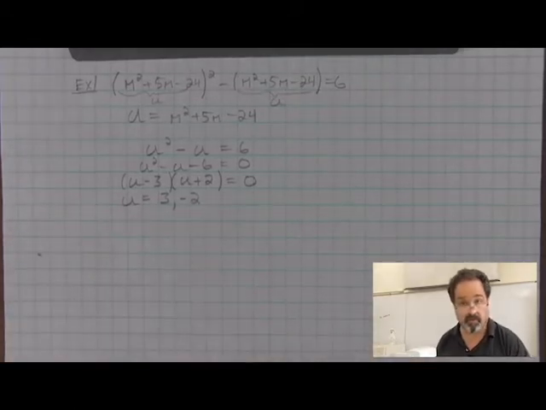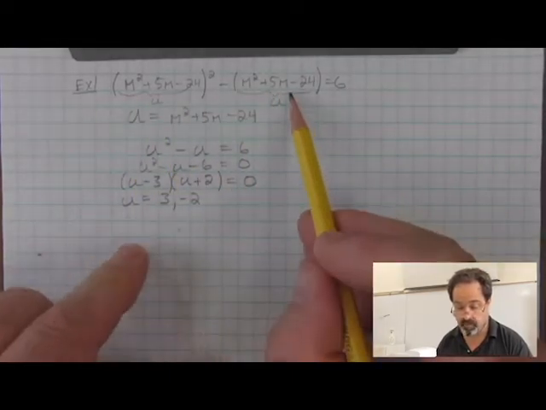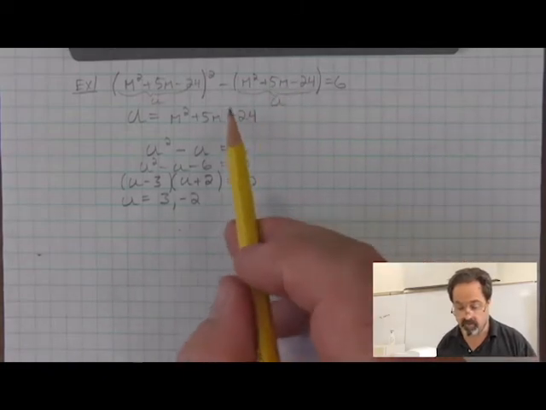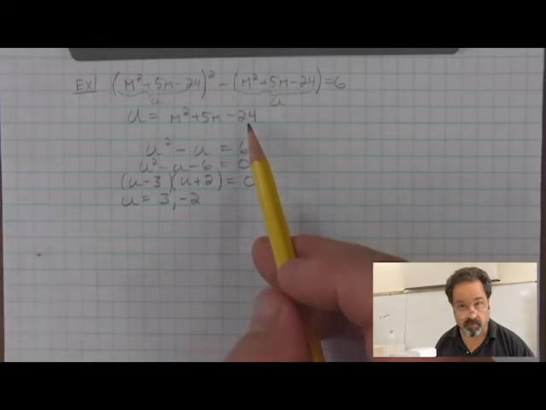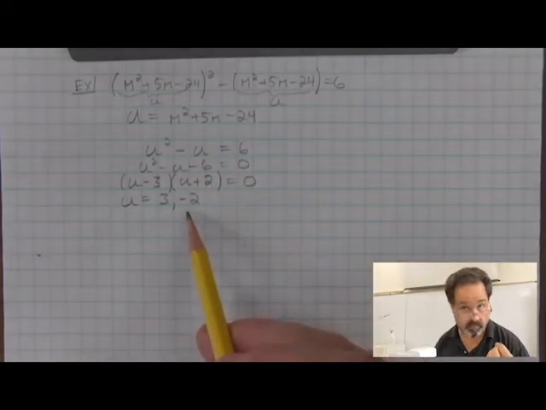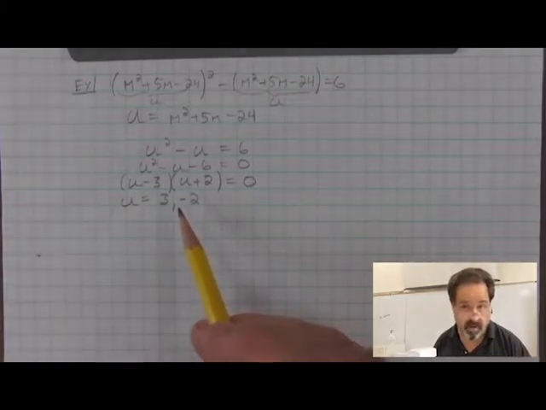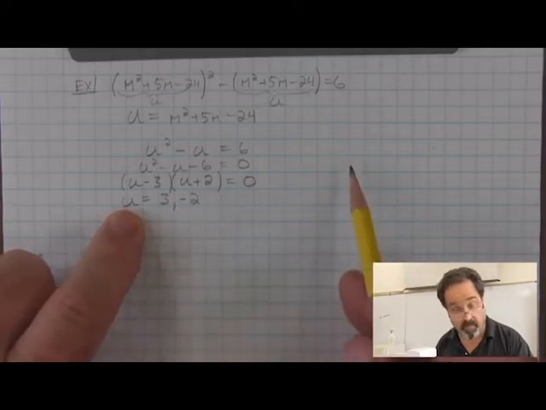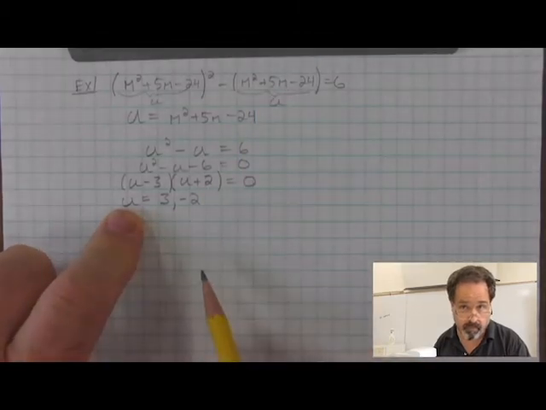But I'm not finished. My original problem was an equation with the variable m. And I replaced all of the m's with u and just found solutions for u. But I'm not finished until I substitute back what u is equal to in terms of m and continue to solve for m.